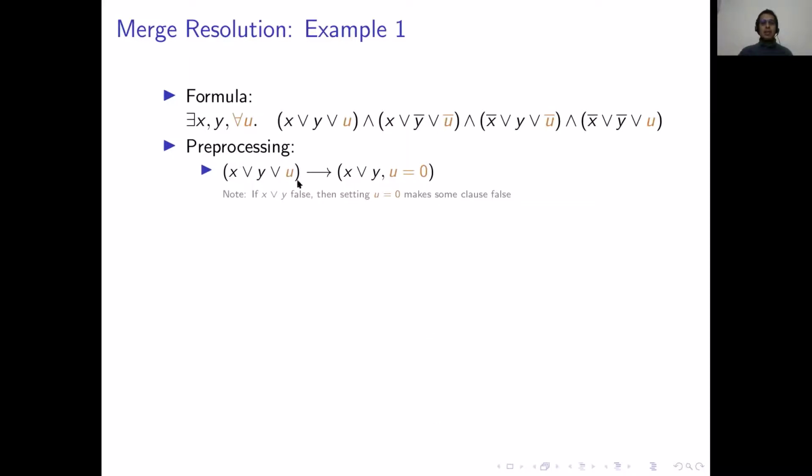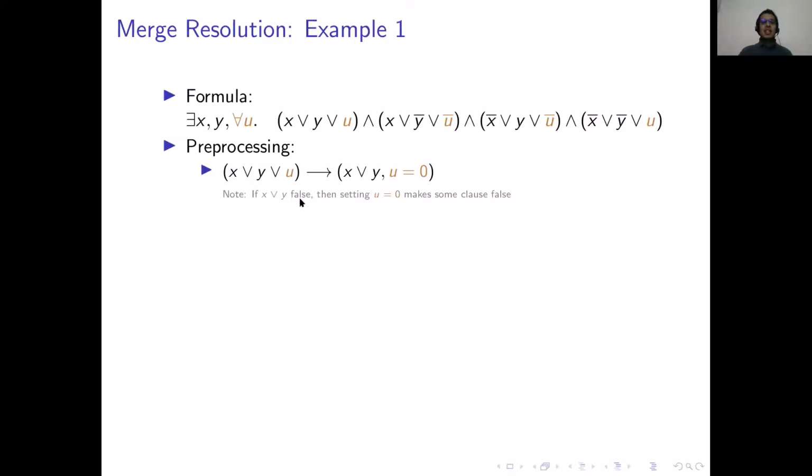After the pre-processing, every line of the proof will have two things. One will be a clause over existential variables, and one will be a function specifying what value you should set the universal variable to. The property that will hold is that this function is a kind of partial counter model.